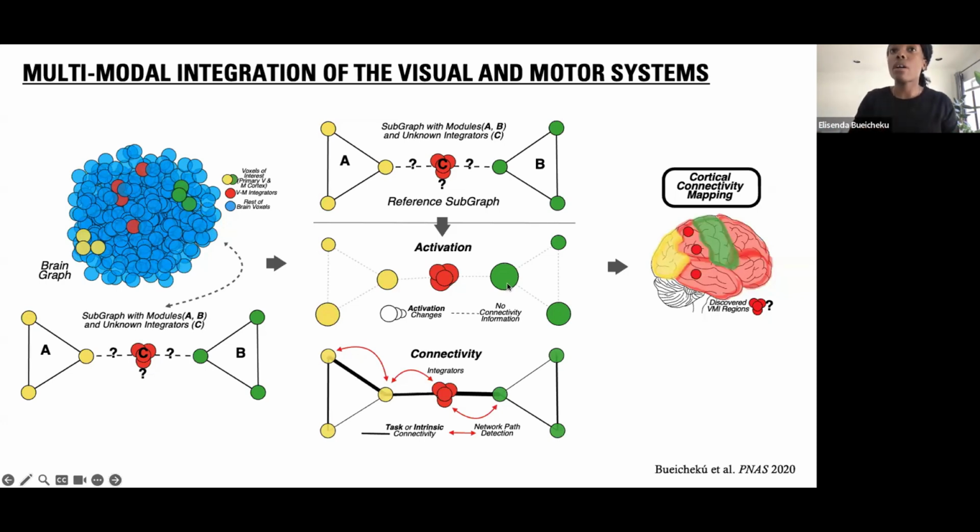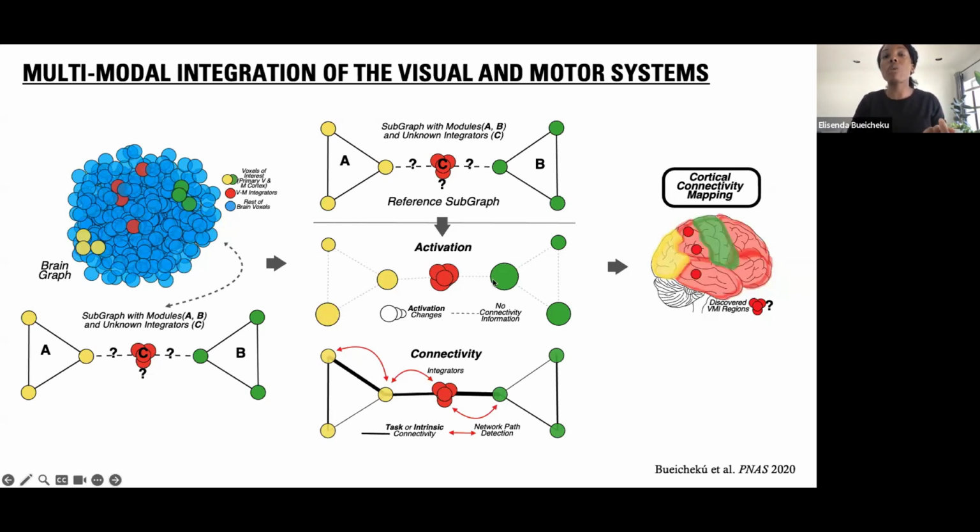And we will ask the code, now give me the relation between the yellow visual and the green motor that is two steps away. And it will give me the regions of the brain that are functionally connected or functionally related. They show similar activation.